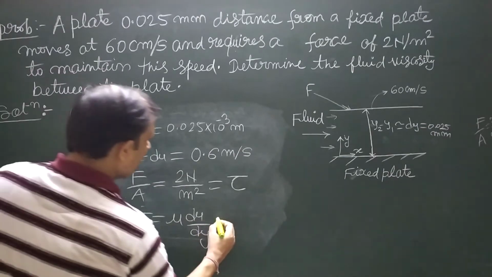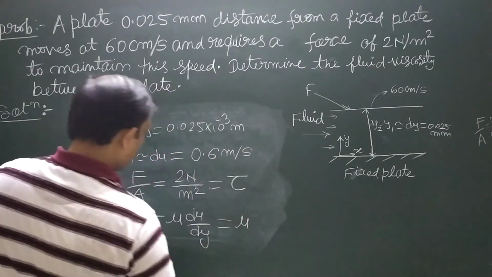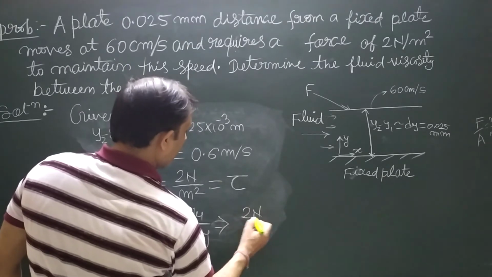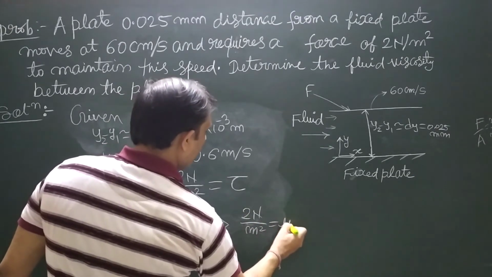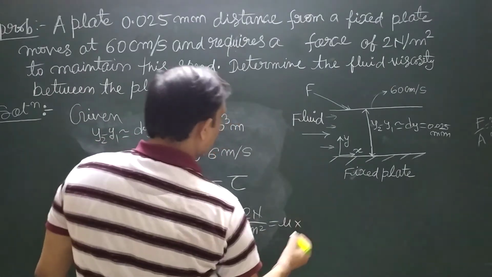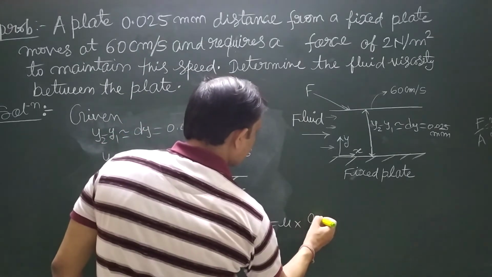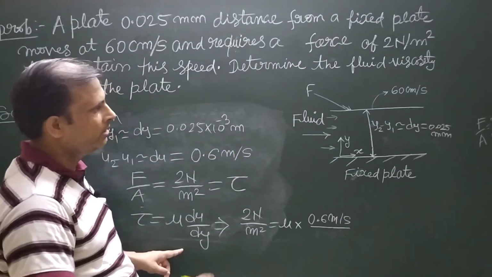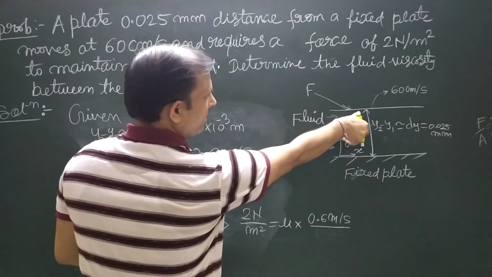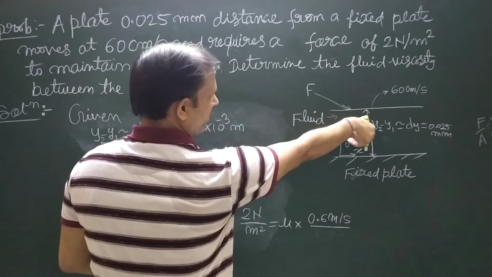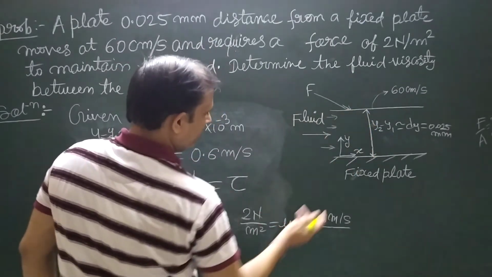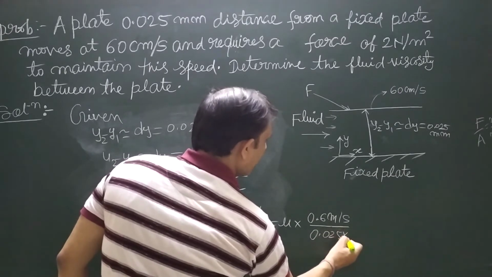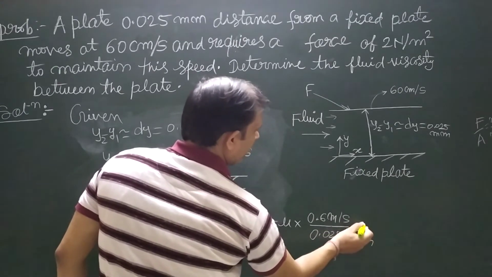So tau equals F by A, 2 Newton per meter square, equals mu into du, which is 0.6 meter per second, divided by dy. Here dy is the differential height, or the distance between these two plates, which equals 0.025 into 10 to the power minus 3 meter.